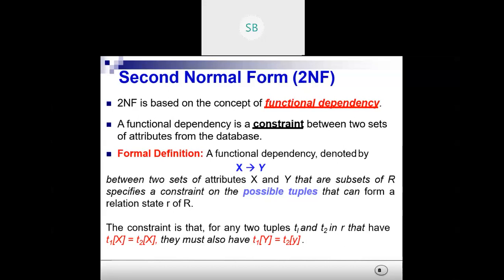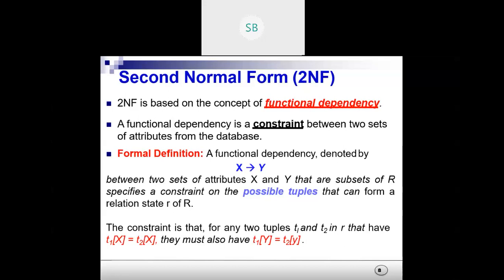So what is a functional dependency? We have to understand this first. We are studying functional dependency and then we will study how a first normal form table can be converted to second normal form.